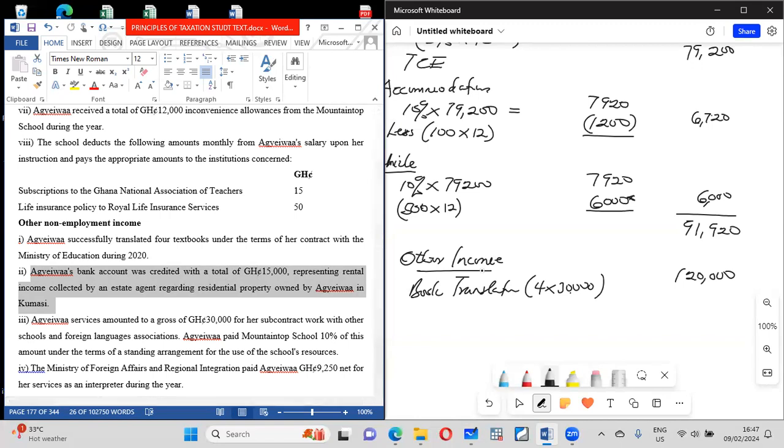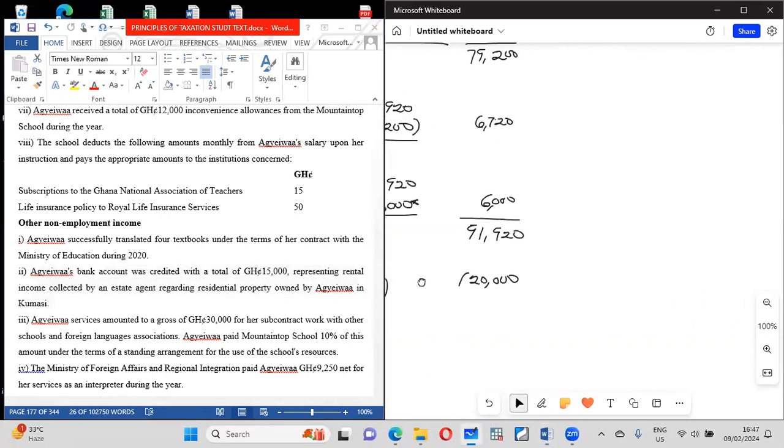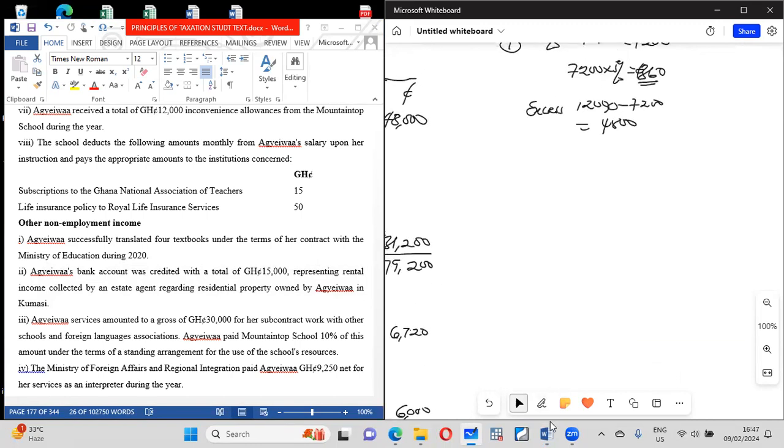That one, from note 2, you will do another working. Her rental income, you remember the withholding tax thing we did. Rent income suffers a withholding tax of 8%. So that one will be taxed at 8%. It's an investment income. How much rent? 15,000.